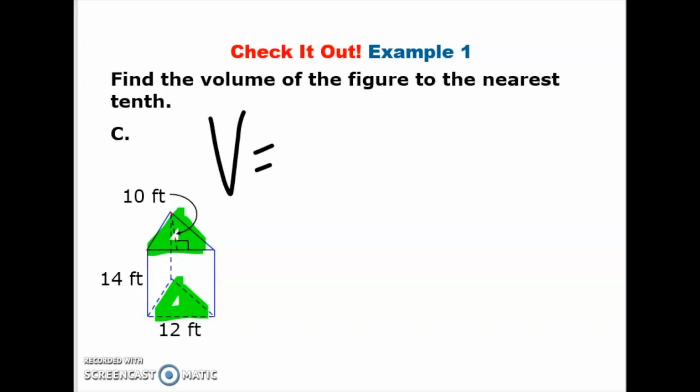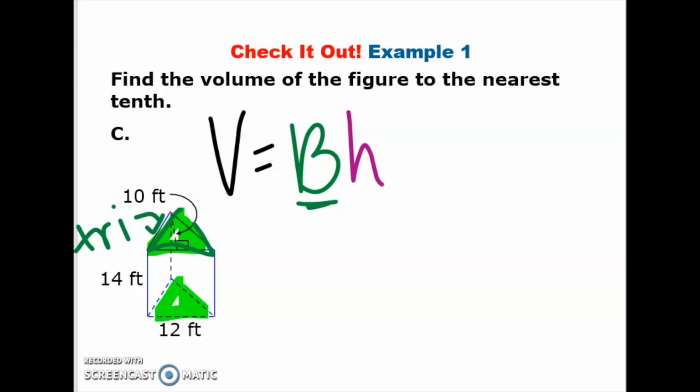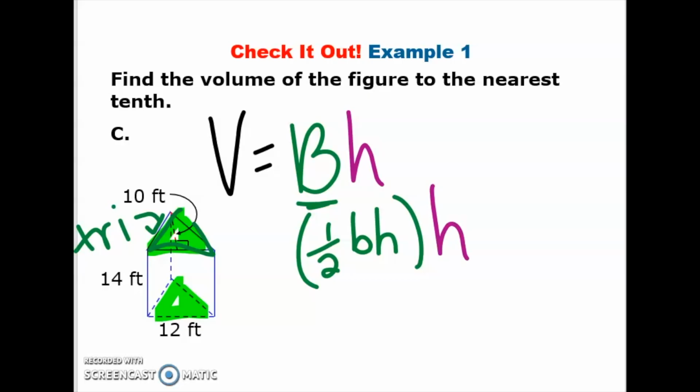Volume equals area of the base times the height of the prism. Now this time, my base shape is a triangle. So I need to think, how do I find the area of a triangle? It's 1/2 base of the triangle times height of the triangle. And then I'm going to multiply that by height of the prism.